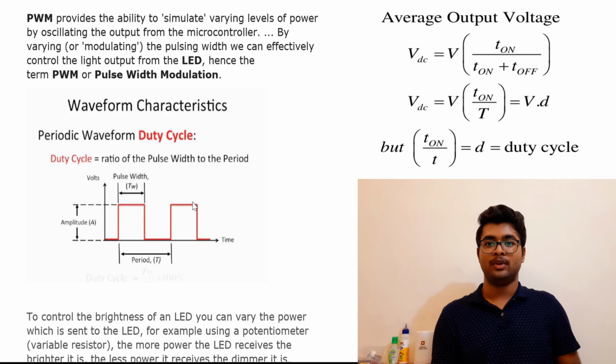Note carefully that this part is the period of this wave, one crest and one trough. So in this wave, this length is the time period and this TW is the pulse width. According to the definition, the duty cycle is equal to TW divided by capital T.